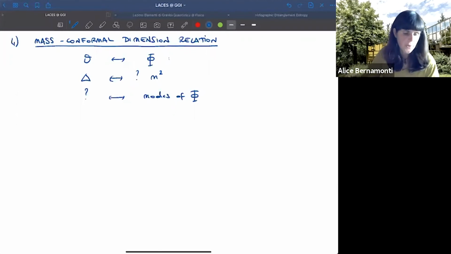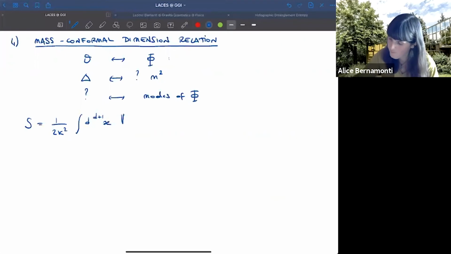So to see it, let's consider the gravity side. Let's consider a generic form for the bulk action. So this generically will be of the following form. This is just 1 over G Newton times some numerical factors in d+1 dimensions.